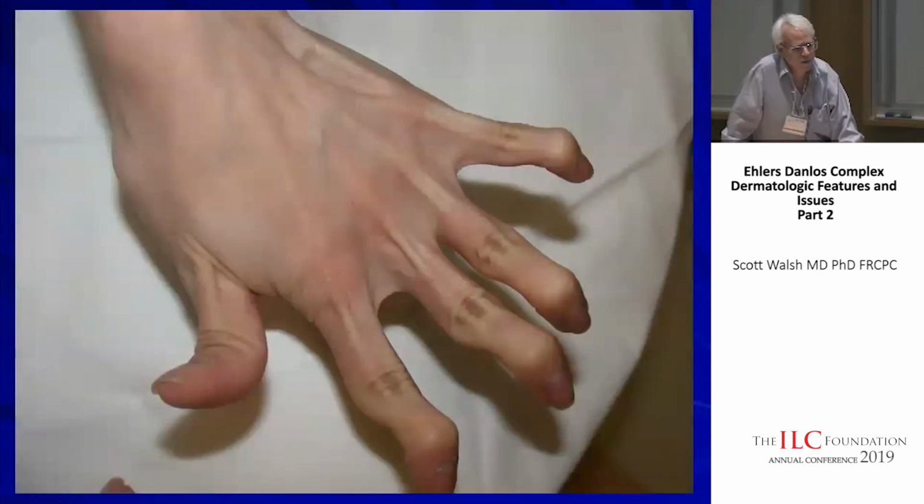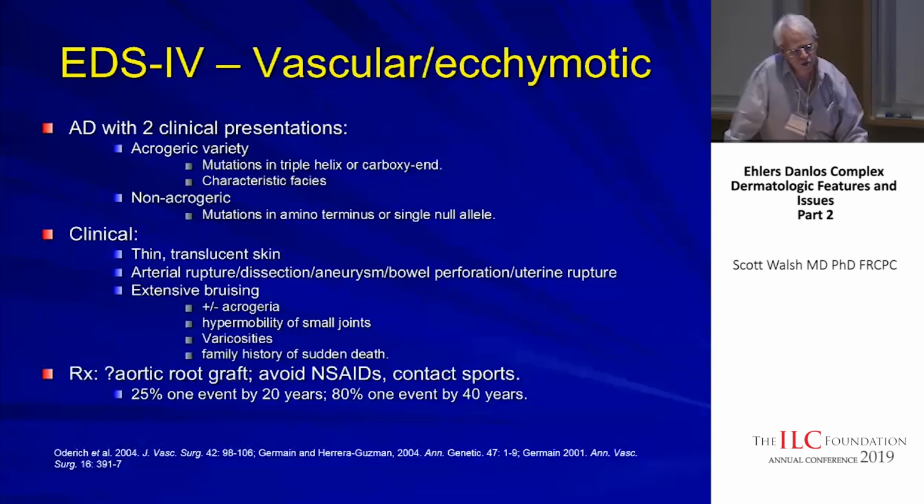So a problem with this one gives hypermobility, but it's very small joint hypermobility only. But the big issue here is that blood vessels break very easily because they're not supported. Organs can rupture. And so this is the vascular type of Ehlers-Danlos. And depending on where in the molecule the mutation lies, the severity can vary amongst patients.